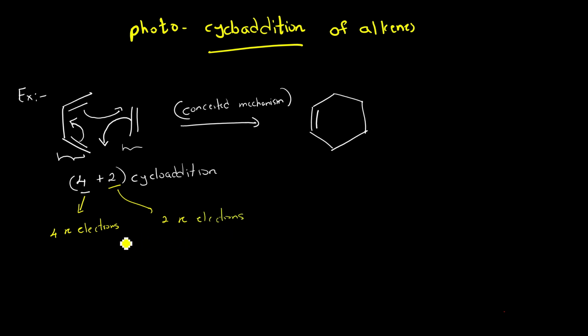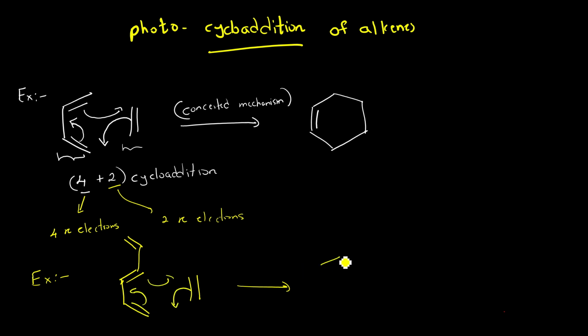Now if I go to a slightly more complex molecule like this, this is hypothetical. Here we have another molecule like this. Now we have an alkene right here. So the reaction would be just like here. This shifts here, this shifts here.